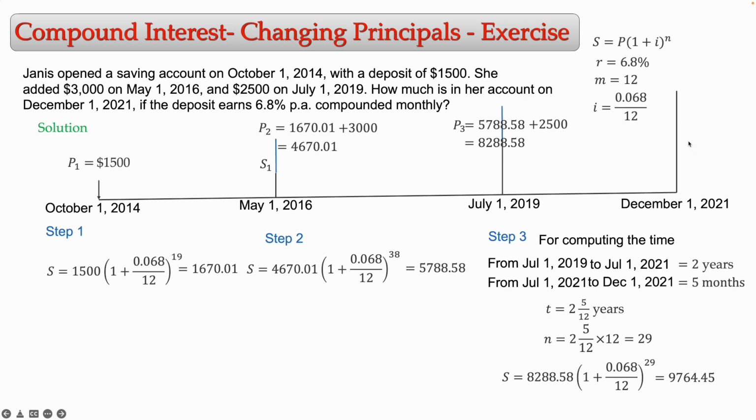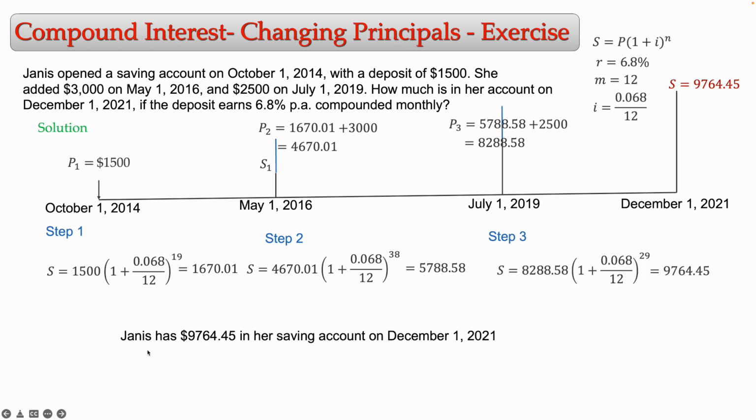So as an answer, I'm going to type here that the future value is 9,764.45. And now we can answer that Janis has 9,764.45 in her savings account on December 1st, 2021.